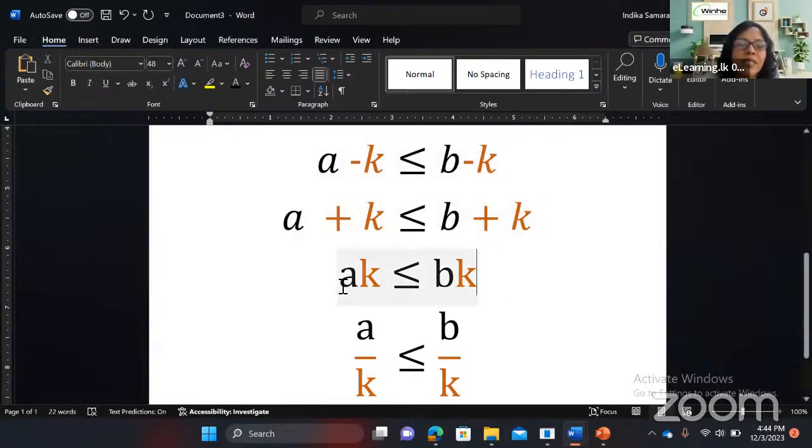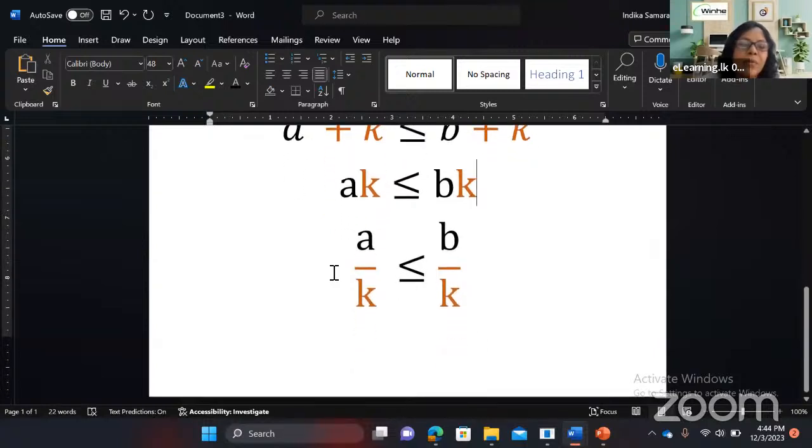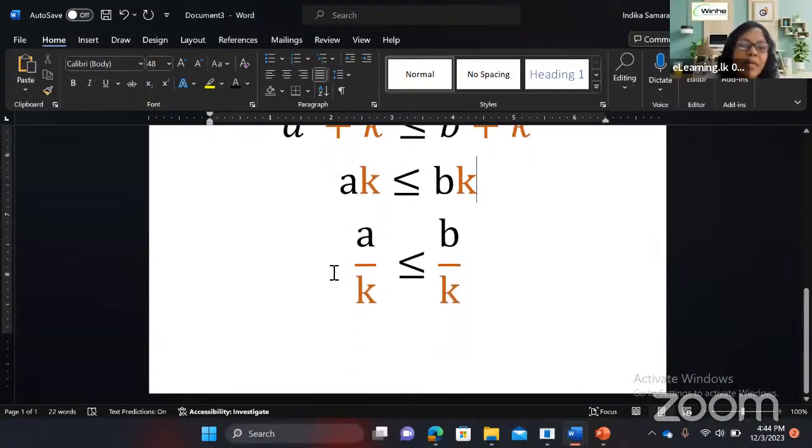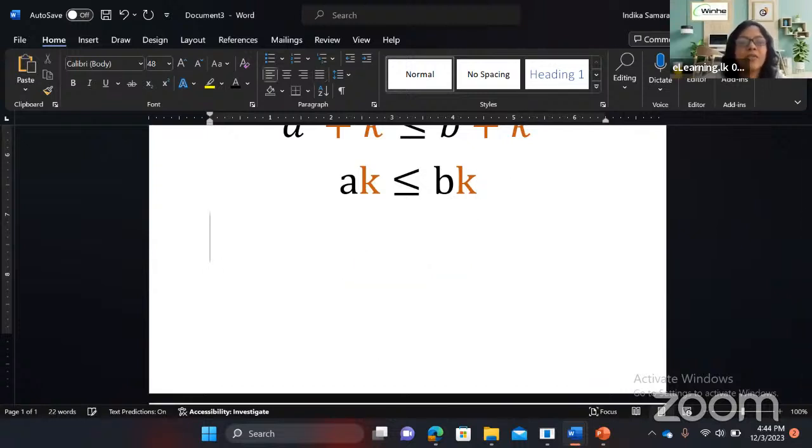But if it is a negative value, then when you are doing multiplication, what will happen? Right. Before that, I will show you an example here. 5 is less than 6. You multiply both sides by 2.